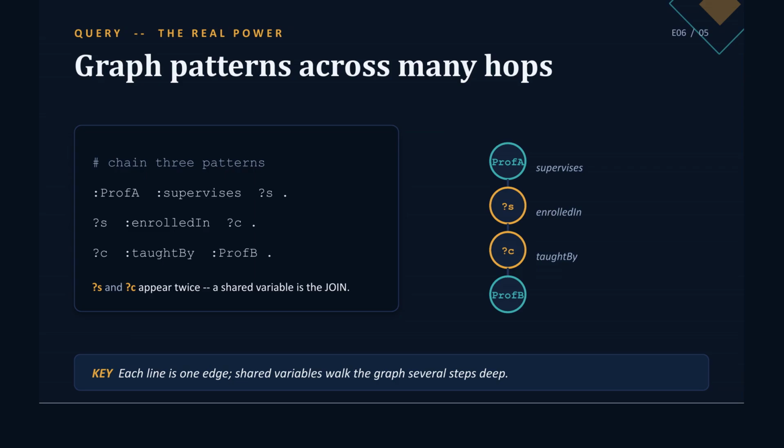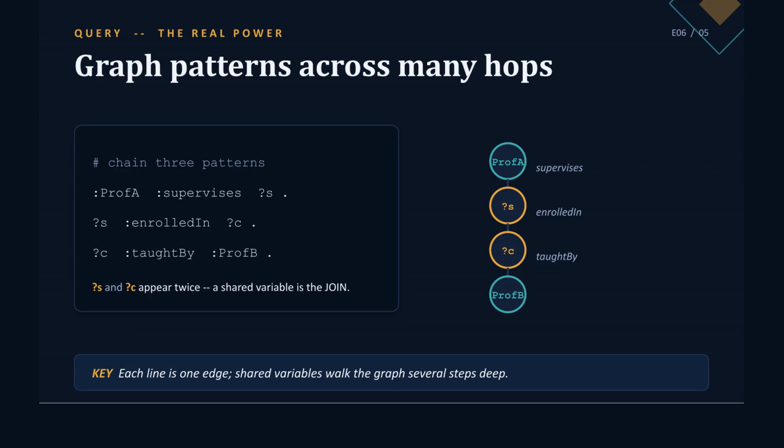The real power of SPARQL is graph pattern matching across many hops. Each line you add is simply one more triple pattern, one more edge that a valid answer must satisfy. Want the students supervised by Professor A, who are also enrolled in a course taught by Professor B?